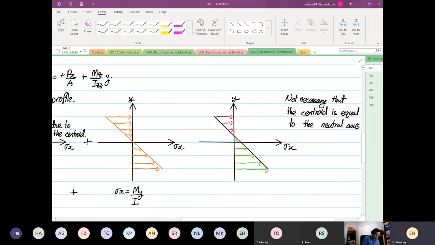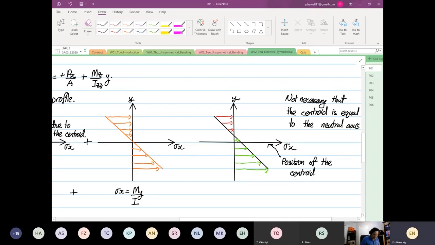Now, relative to the Y-axis, over here, this is the position of the centroid.